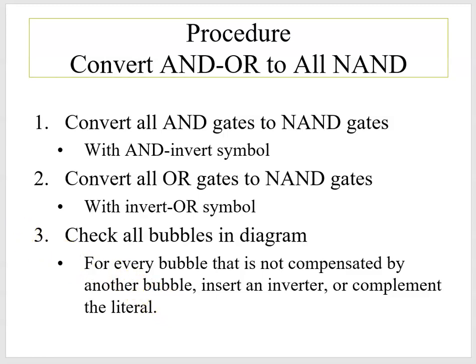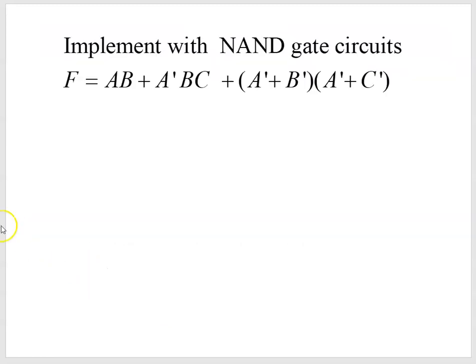All right, let's look at one more example here. So if we want to implement this circuit with NAND gates, again, I'm just going to draw it as is. So I'll get my AB, A prime BC, right?